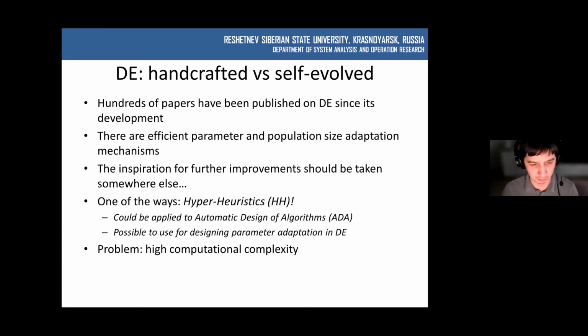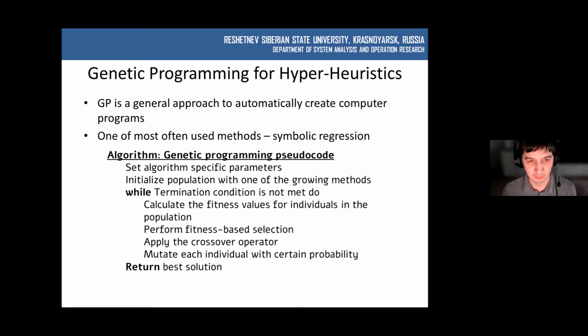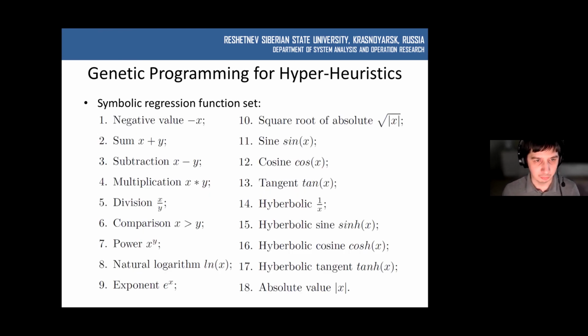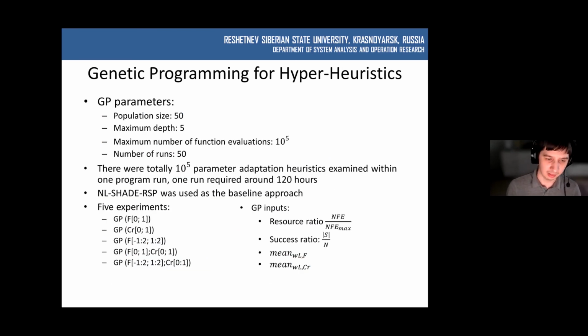Of course, the problem is it is a highly computationally complex approach. But we tried to do this, and we simply used genetic programming to design new parameter adaptation techniques for differential evolution.